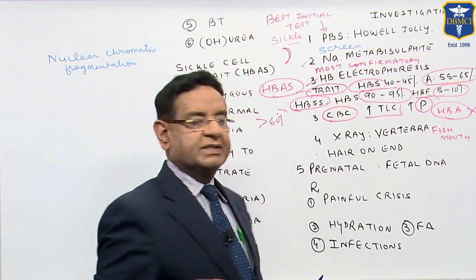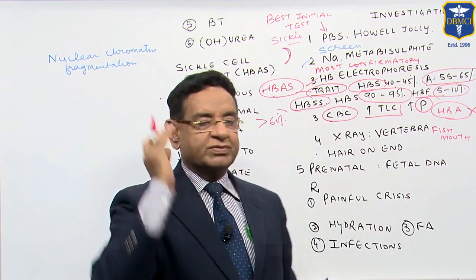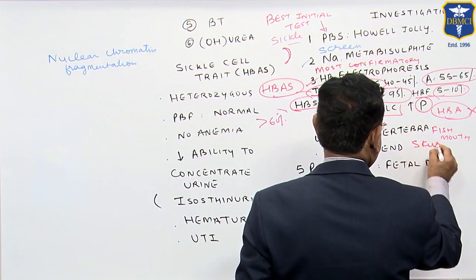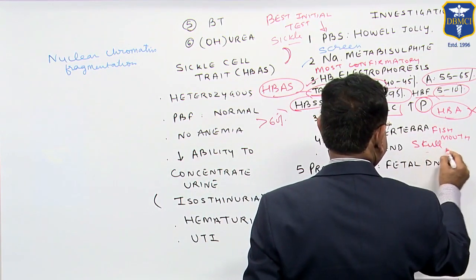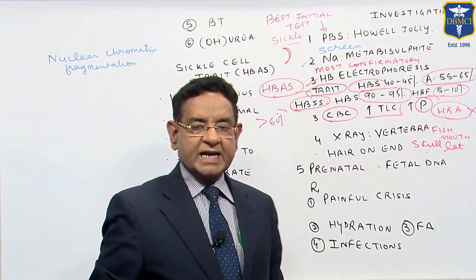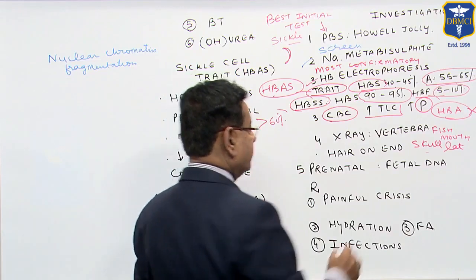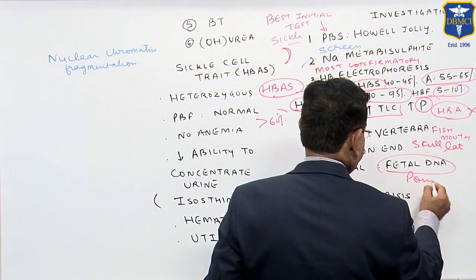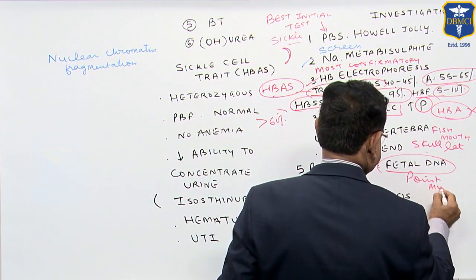And if you do the X-ray of the lateral view of skull, you get hair on end appearance. For prenatal diagnosis, you have to go for fetal DNA analysis and you look for the point mutation.